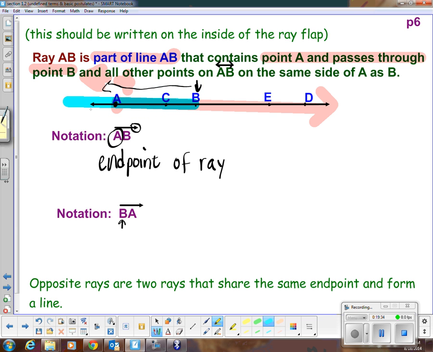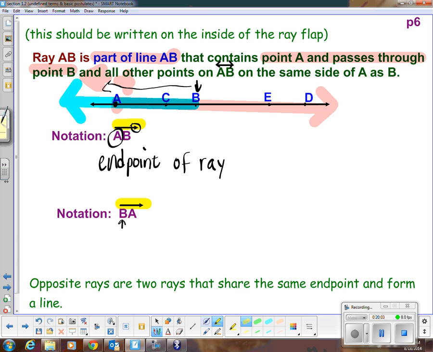So here we go. So this is ray BA. So the order of the letters is very important. Notice that the symbol on top, when we refer to a ray, is always pointing in this direction. That is a symbol. It does not tell you what direction the ray travels.